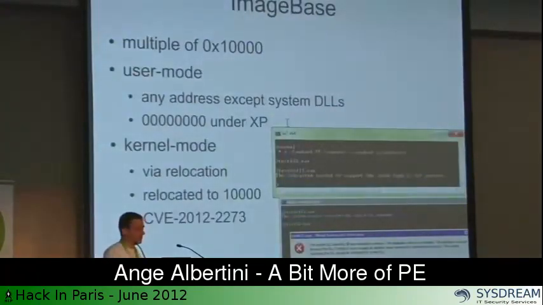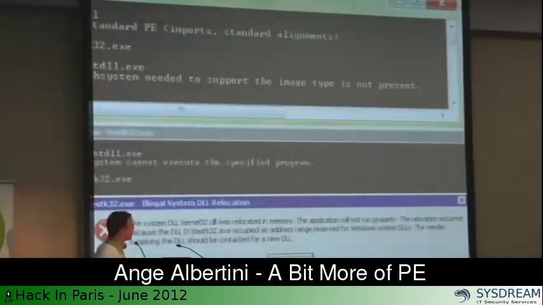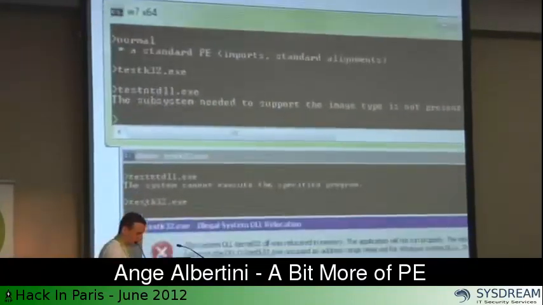Image base is pretty standard. Must be a multiple of 10K. One funny thing is that you cannot collide with the system DLLs, and the error messages are completely different depending on the OS.